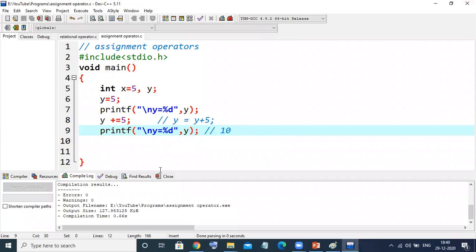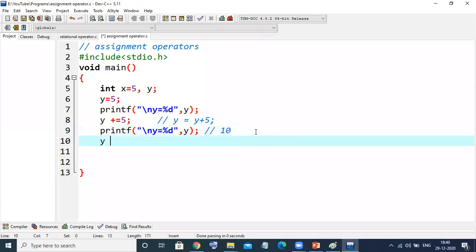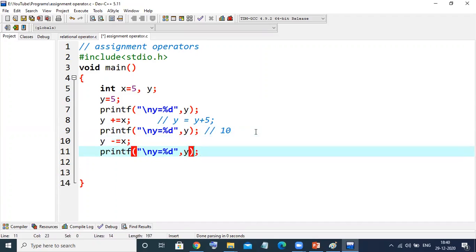Okay, the next one: y minus equals to, and instead of this, I'll use x here. That would be better. You know the x value, x is 5. Now I'll print y. Now tell me the answer. Y is equal to y minus x.